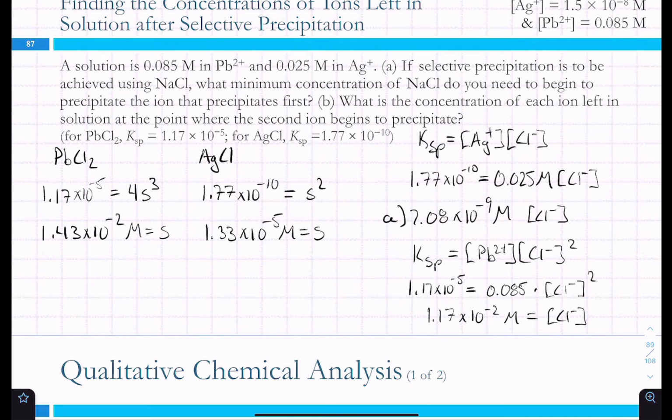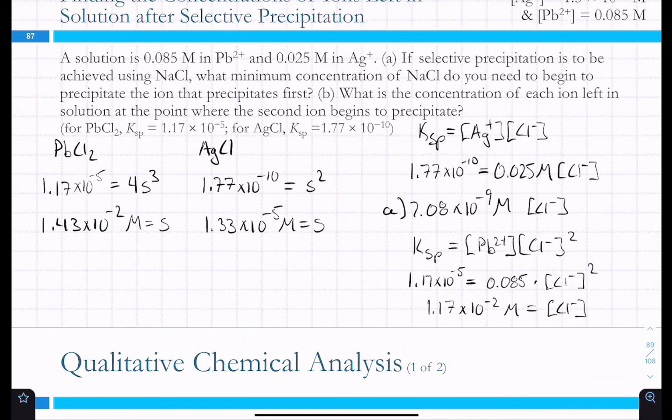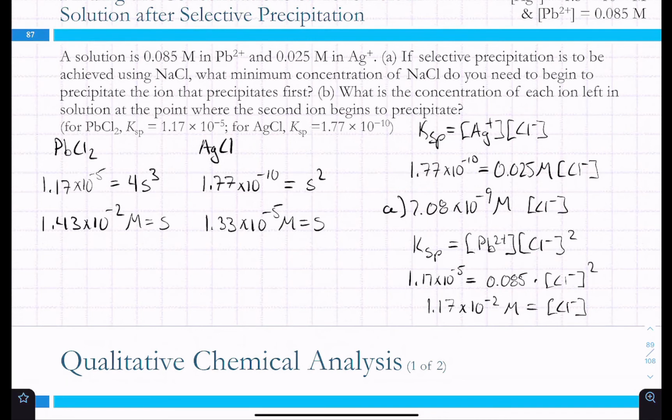And the trick here is now we want to know what silver is going to be. And so we go back now to the KSP equation for silver. That's A. Now we're working on B. So we needed to figure this out because it says, what is the concentration of each ion left in the solution at the point where the second ion begins to precipitate?